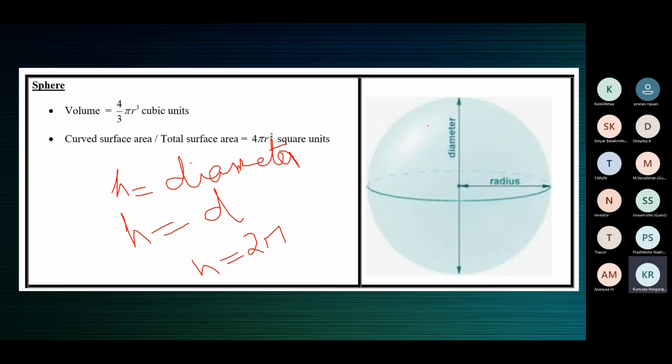So you can see this is the height of the sphere. From here to here it's r, and from here to here it's r. So the height of the sphere is 2r units.